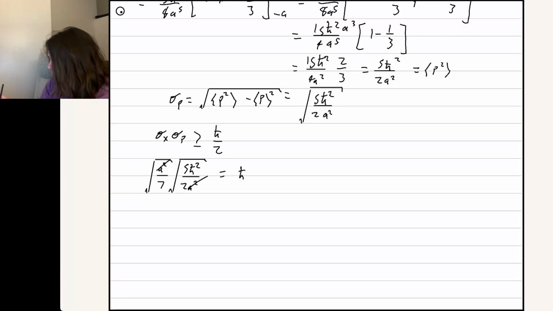So we'll have h bar times the square root of 5 over 14, and the square root of 5 over 14 is greater than 1/2.